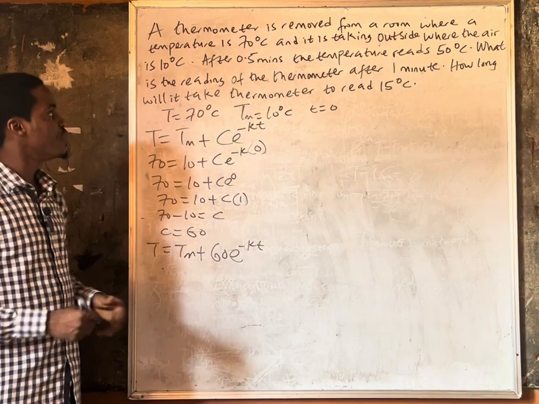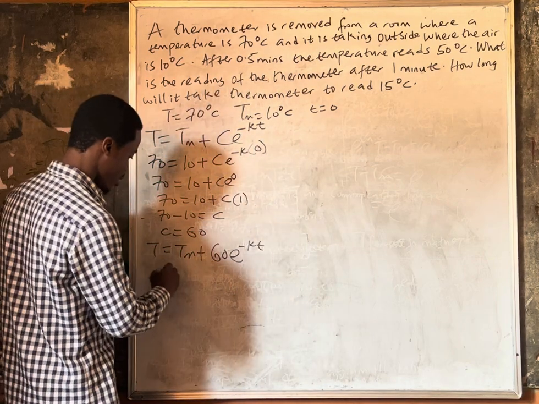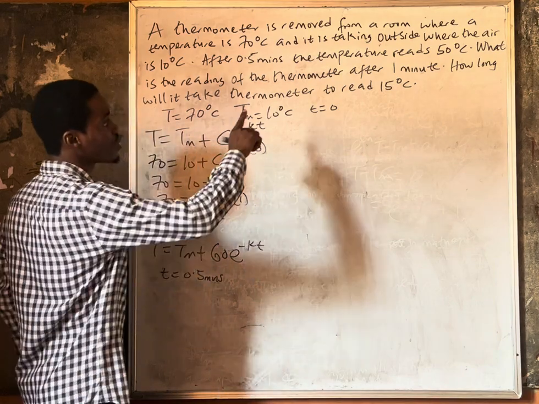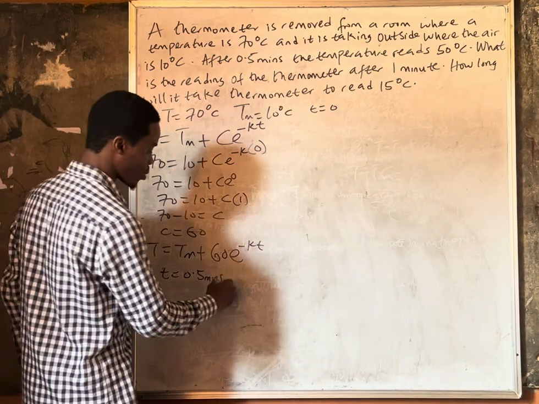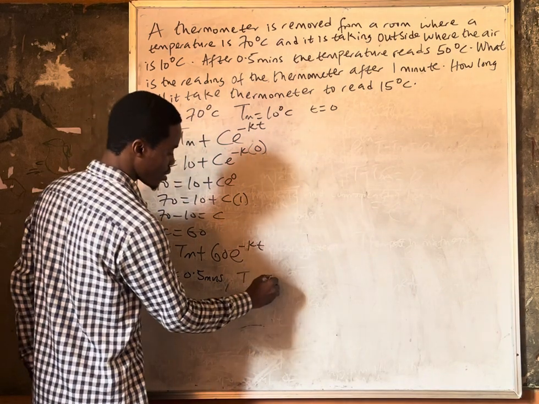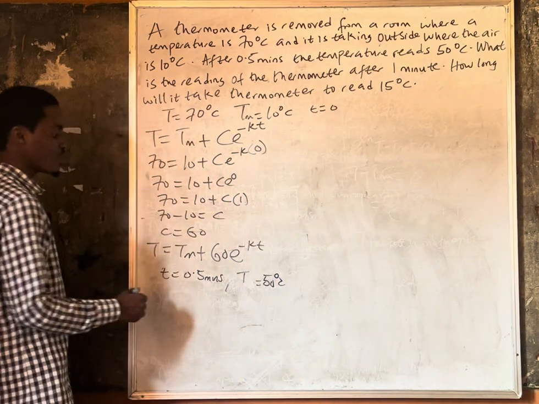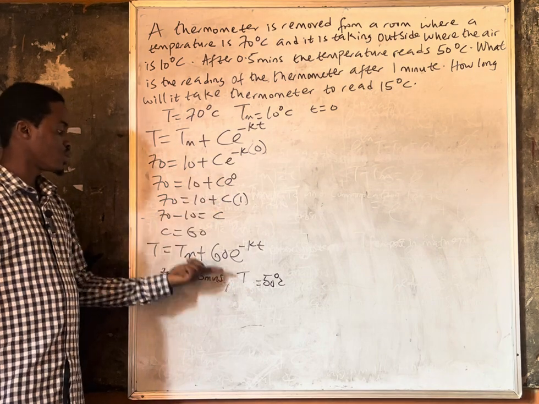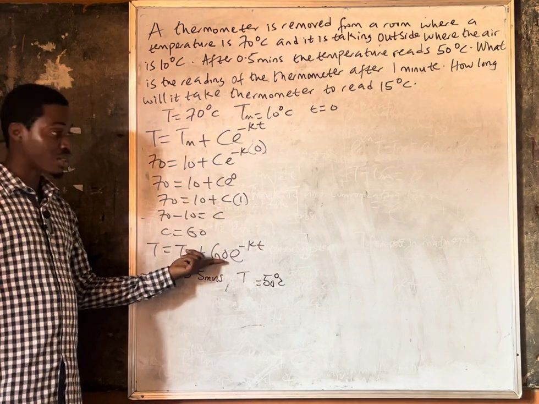After 0.5 minutes, it means our time is 0.5 minutes. The temperature reached 50 degrees Celsius, that is the temperature of the body. So we have to substitute this into our equation.